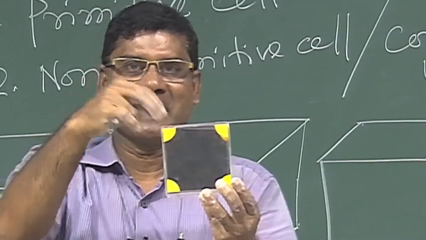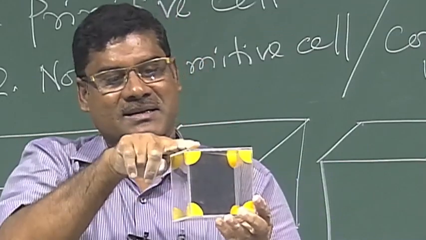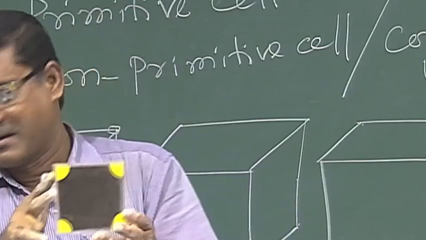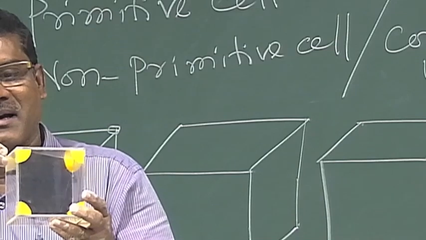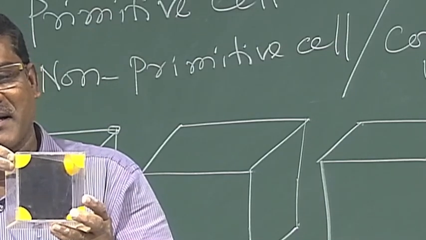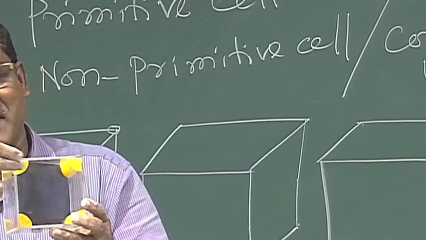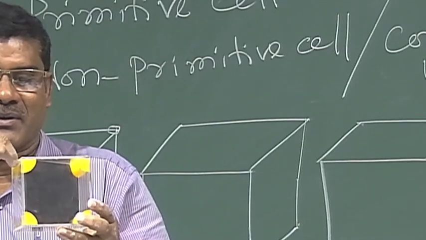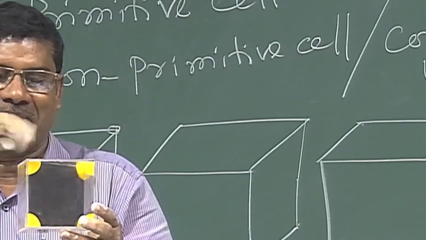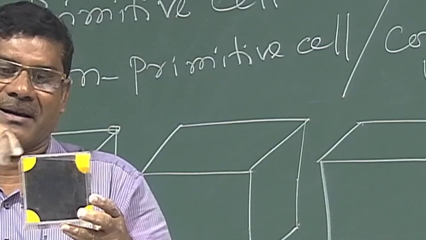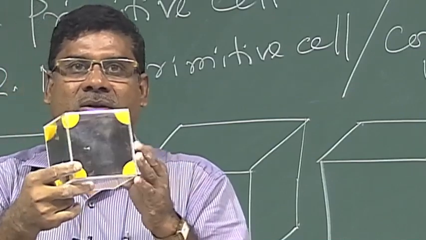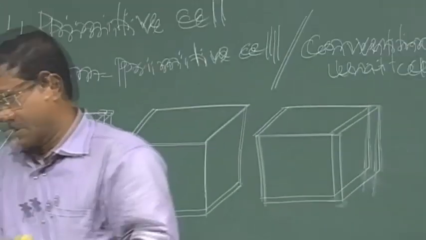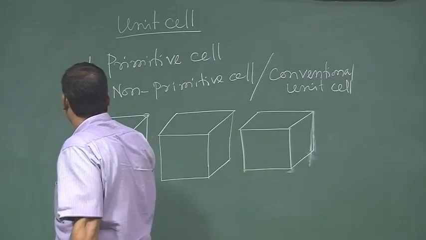From the next corner, 1/8 will come, and from the other side, 1/8 will come. The 4 on the bottom will give half, and the 4 on top will again give half. So, it will be 1.